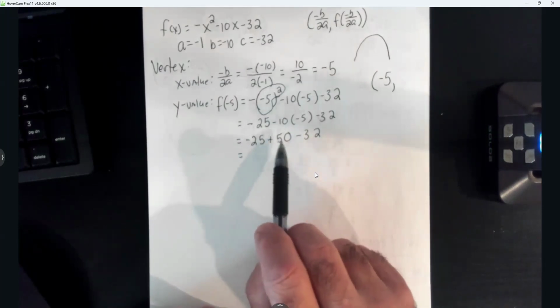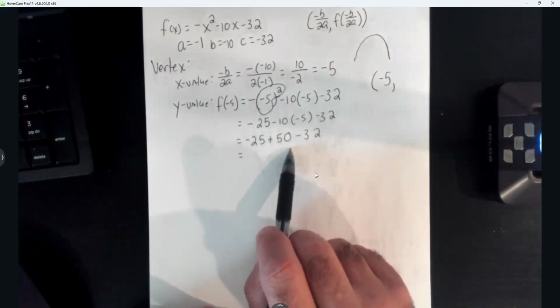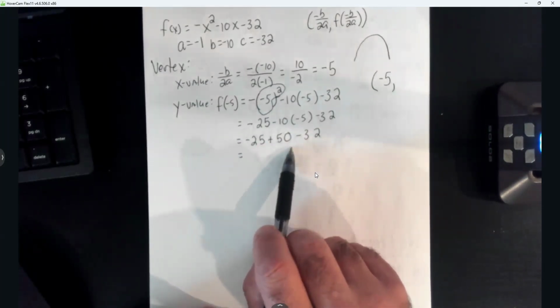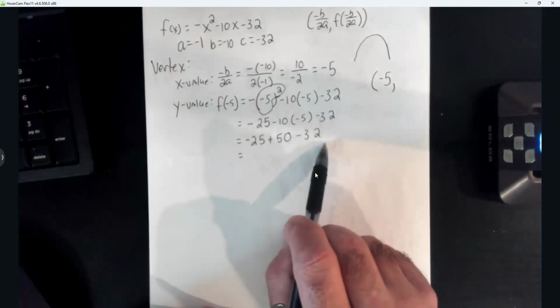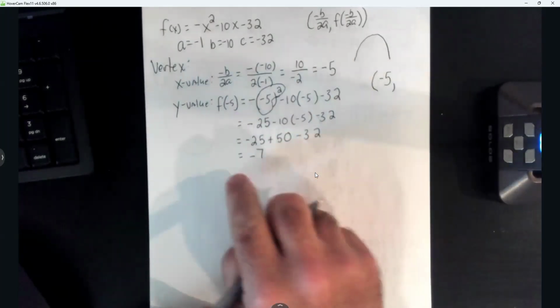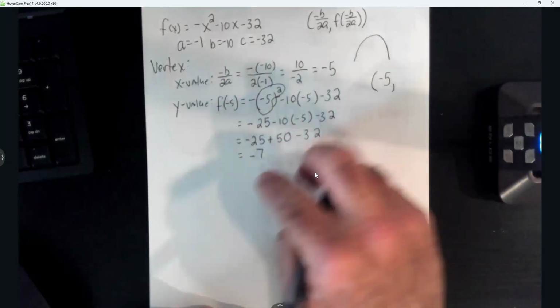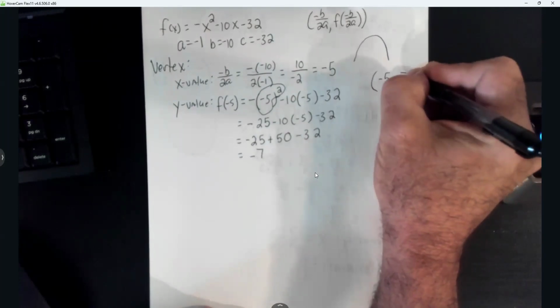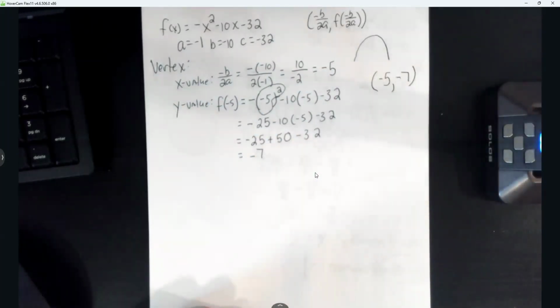So -25 and 50 gives you a positive 25. 25 minus 32 gives me what? A -7. So my vertex is a -5, -7.